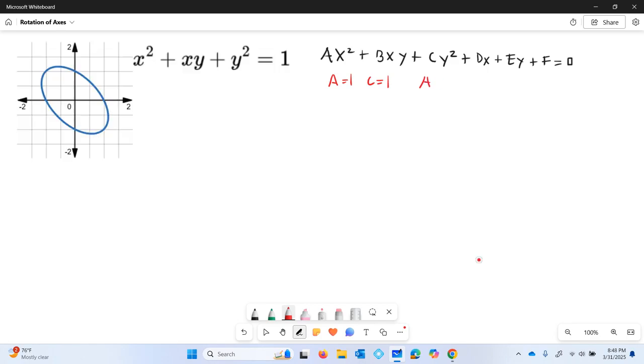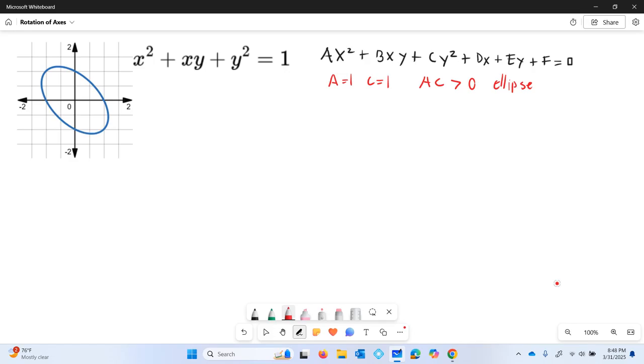That means that A times C is going to be greater than 0. So when this product is greater than 0, this will indicate that we have an ellipse. So essentially we already know that it is in fact an ellipse.